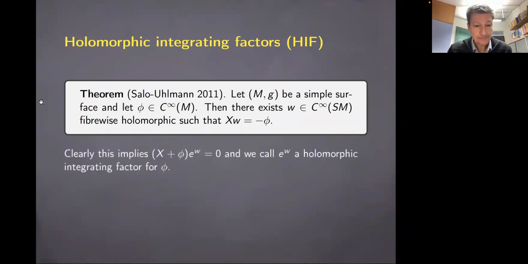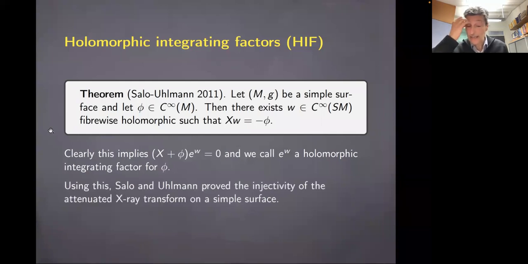You can rephrase this by taking an exponential, which, if you have a fiber-wise holomorphic function and you take an exponential, remains fiber-wise holomorphic. But you can write this in the form of a transport equation with an attenuation phi. This is another way of showing this.